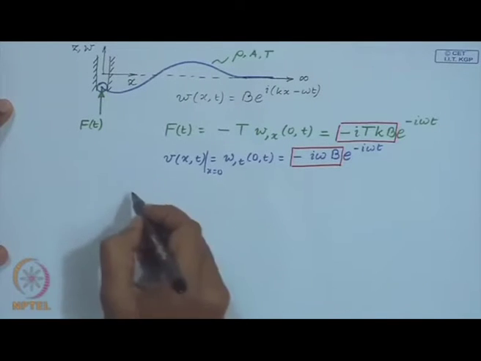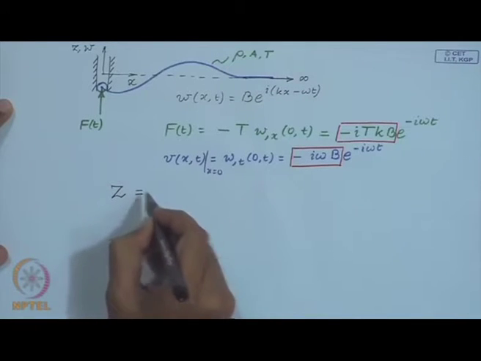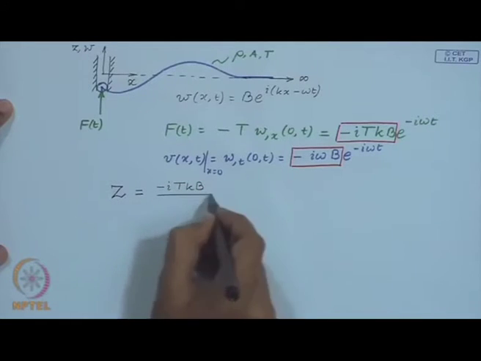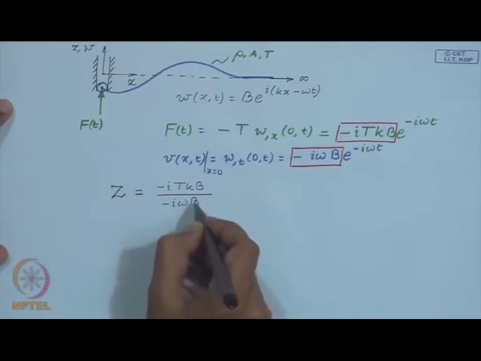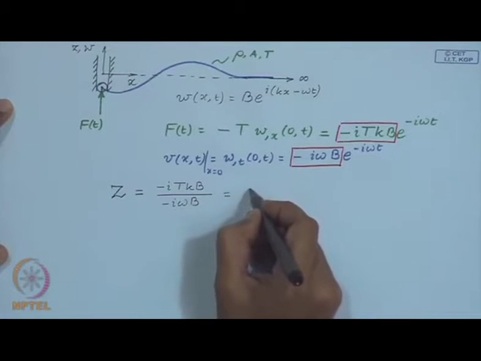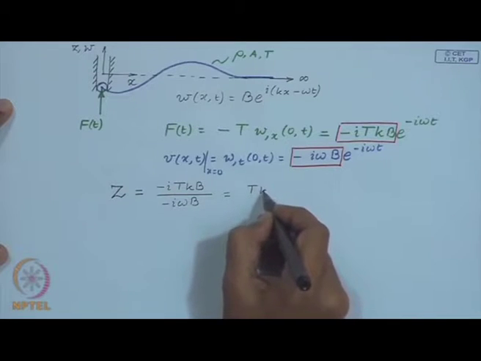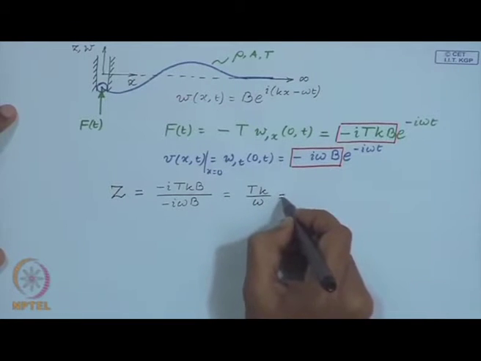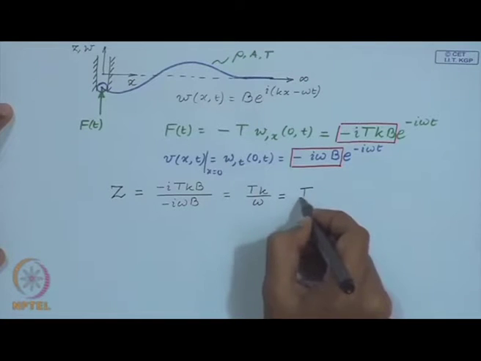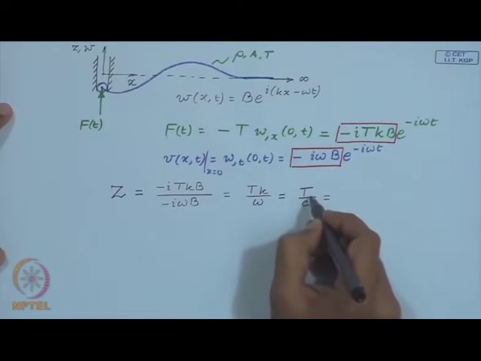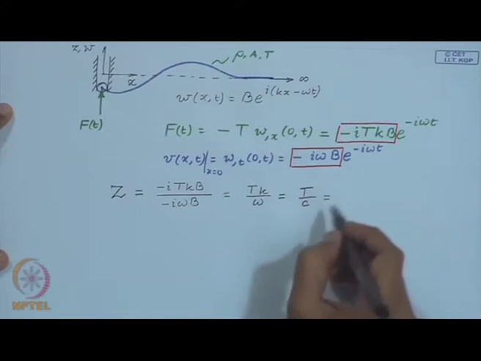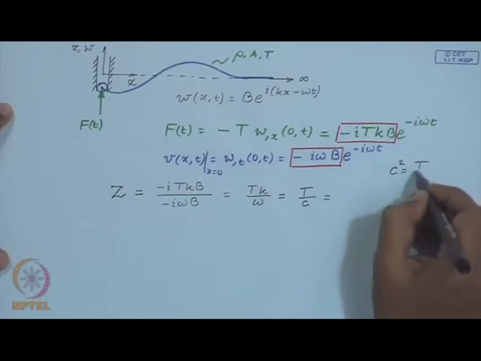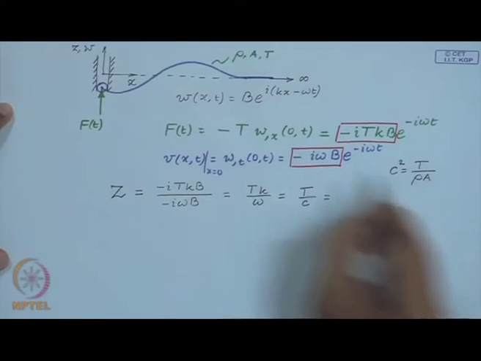So, we define impedance as the ratio. Now omega over k is the phase speed, the speed of harmonic wave in the string, and using the definition of speed once again, you see c squared is T over rho A for the string.